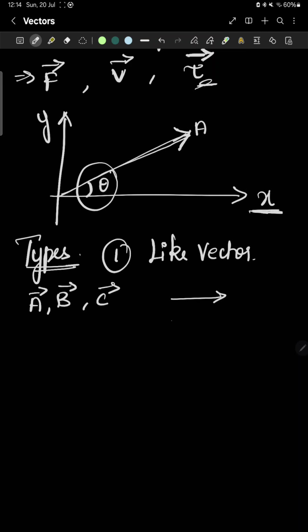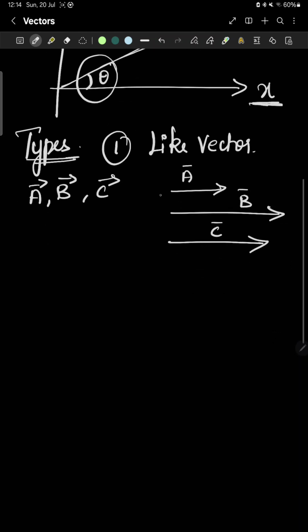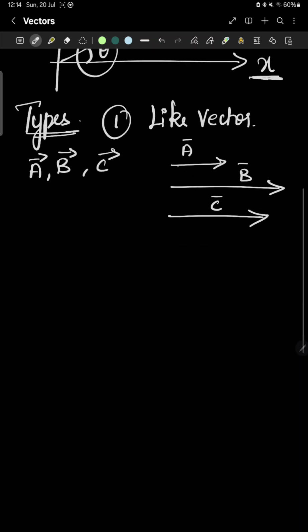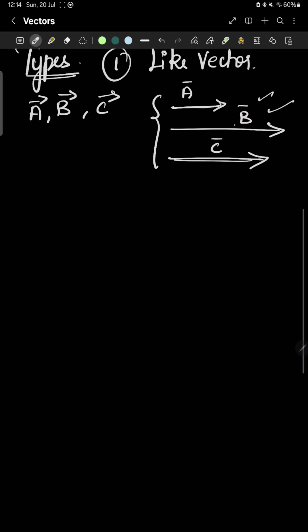When these vectors are moving in the same direction, irrespective of their magnitude, as I said earlier, the length of the arrow represents the magnitude. Comparing a and b, b is greater, and comparing c and a, c is greater. The length of the line represents the magnitude and the arrow mark represents the direction. Like vectors are vectors traveling in the same direction irrespective of their magnitude.